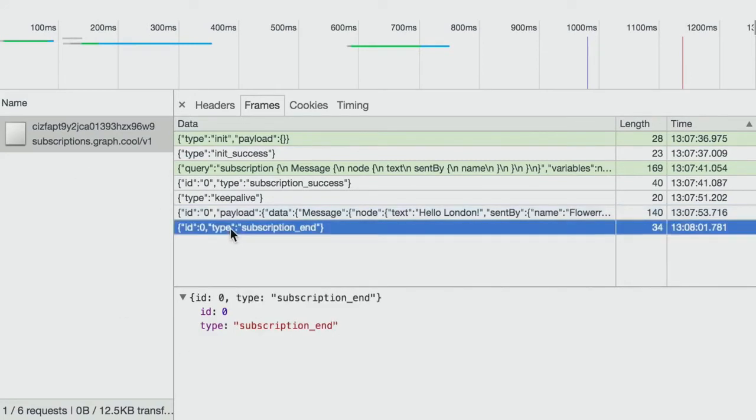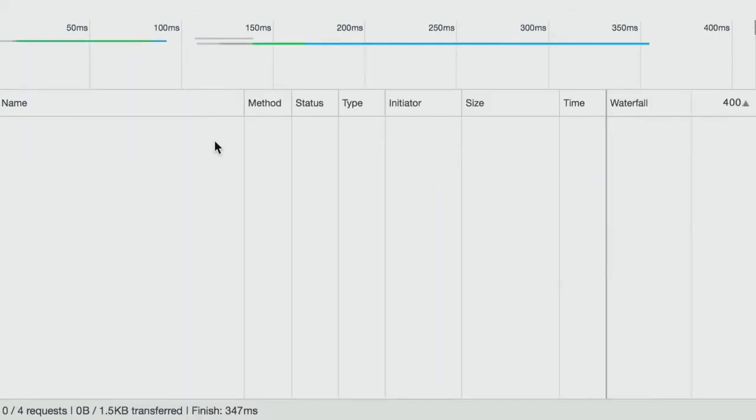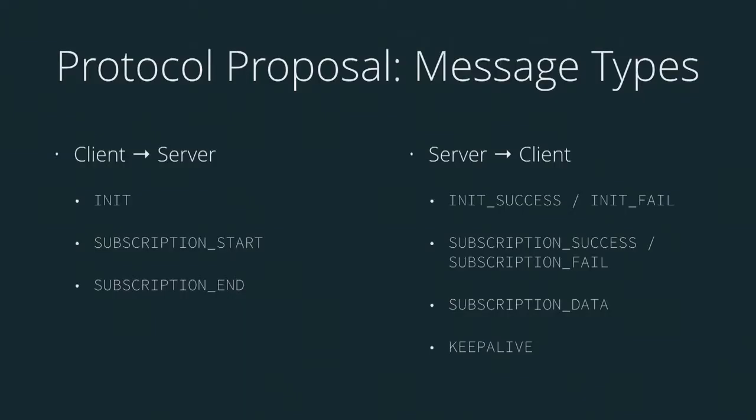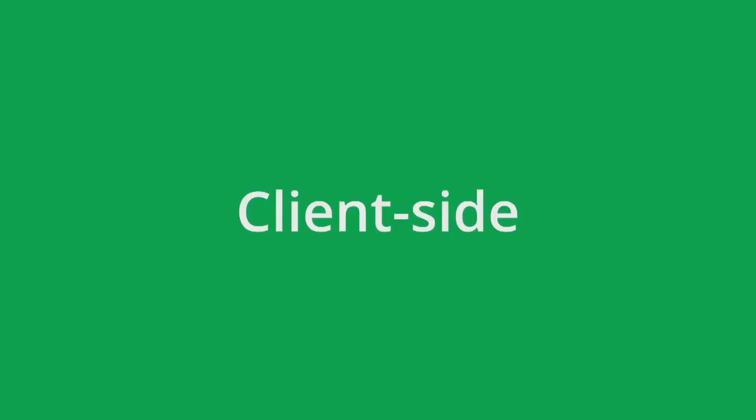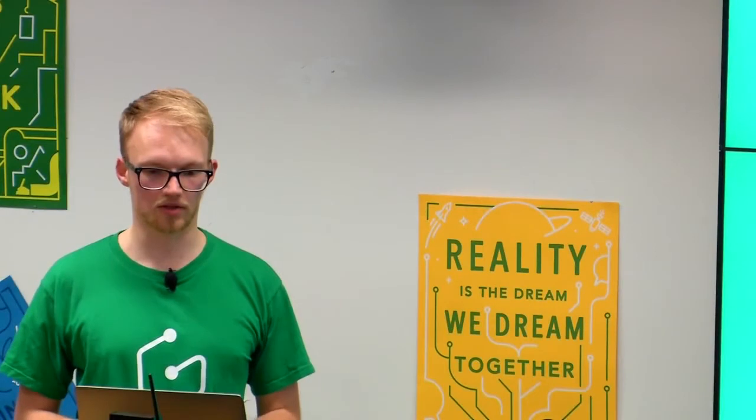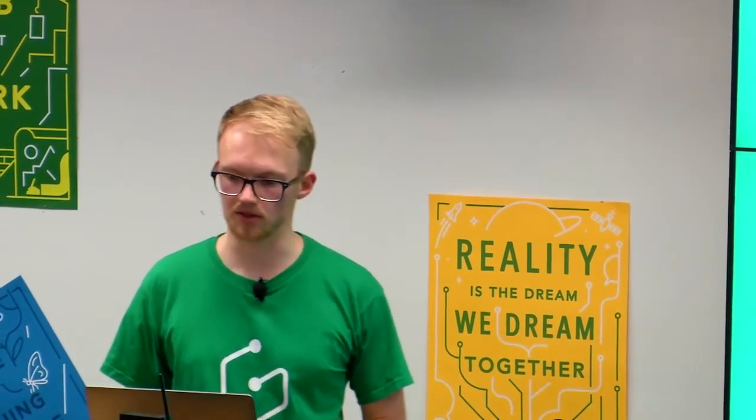Now I'm stopping it, subscriptions end, and that's basically it. So again, if we're looking at these event types here, besides the failed event types, these are all covered here. All right, so let's take a look at how this can work on the client side.